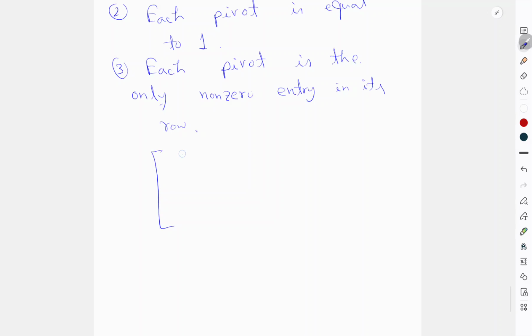So you can say, if you have a quick example, if you have 1 0 2 0 1 3 0 0 0, this type of matrix, this is also a column reduced echelon form.